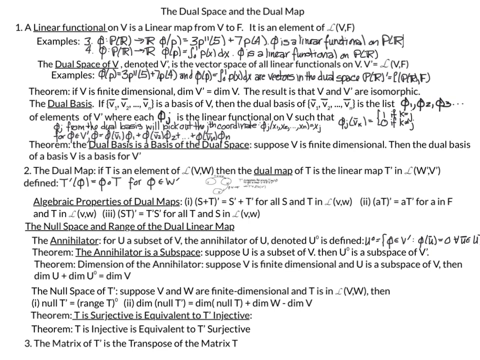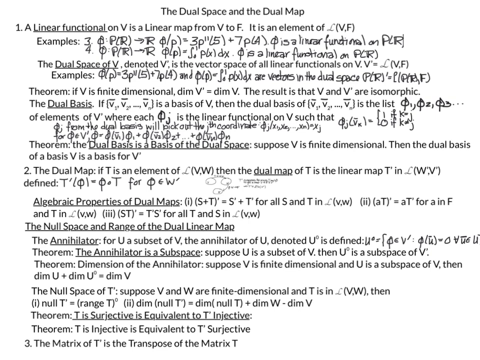So that's the vector space of all linear functionals on V. That is, the dual space of V is equal to the set of linear functionals from V to F. Our two examples above, the one involving the derivatives and the one involving the integrals, are vectors in the dual space of P, the polynomial space over R.